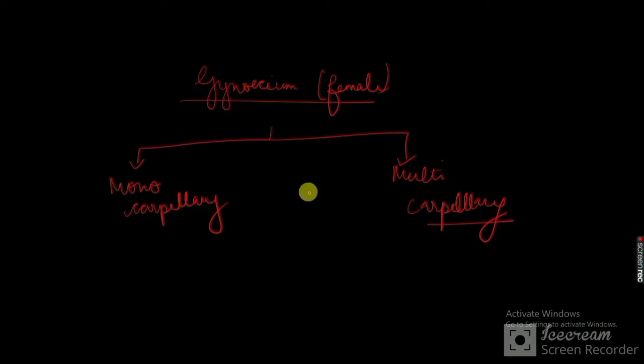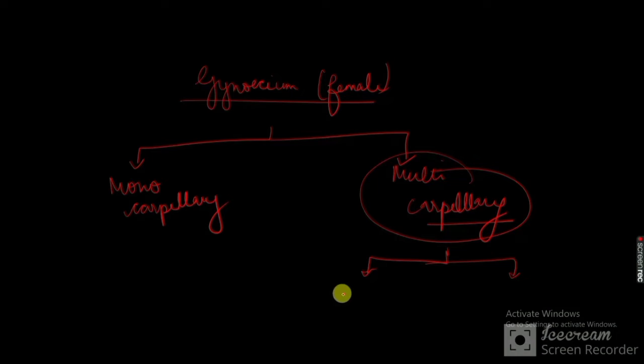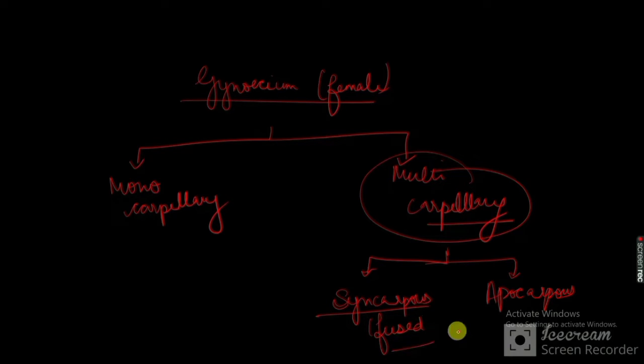If it is multicarpellary, it may be syncarpous or apocarpous. Syncarpous means pistils are fused into one, and apocarpous means they are free. An example of fused is the Papaver plant, and an example of apocarpous is rose. It contains many pistils, and those pistils are free.